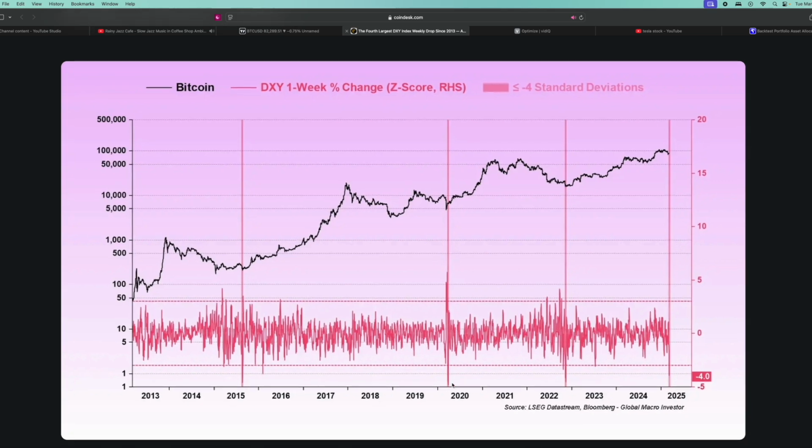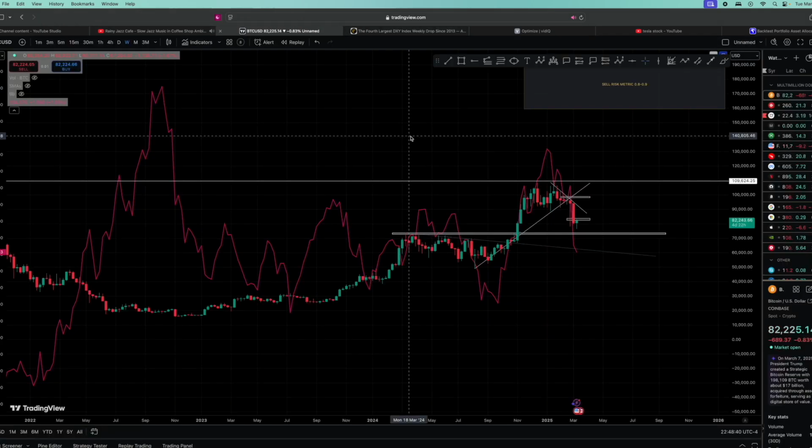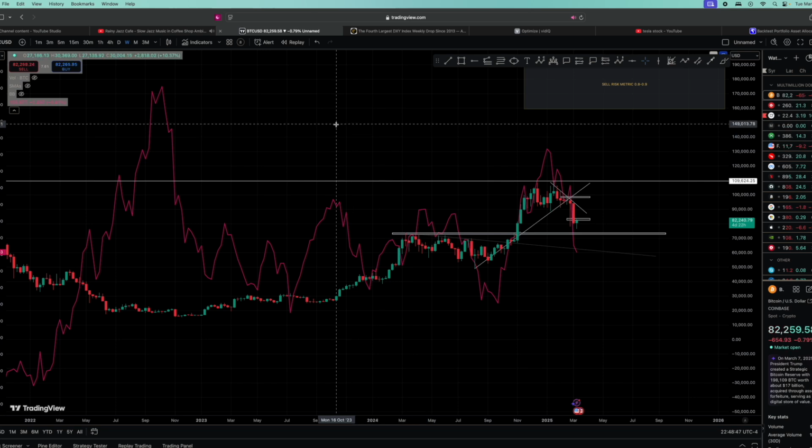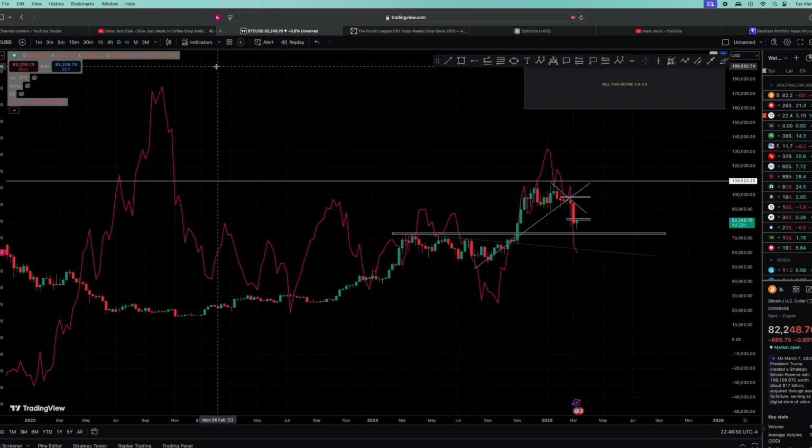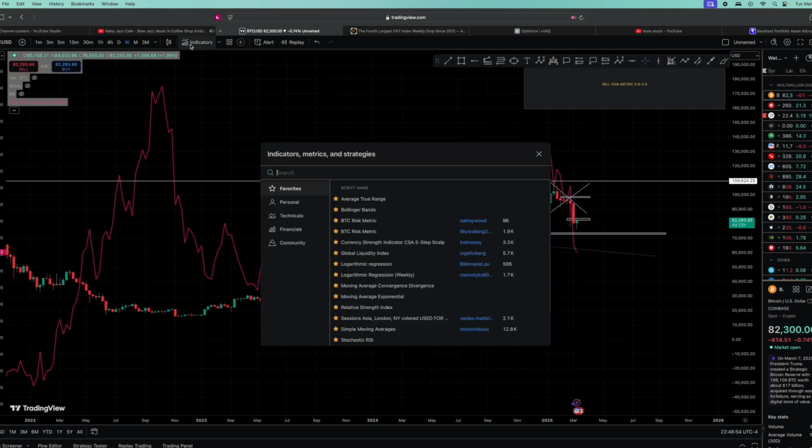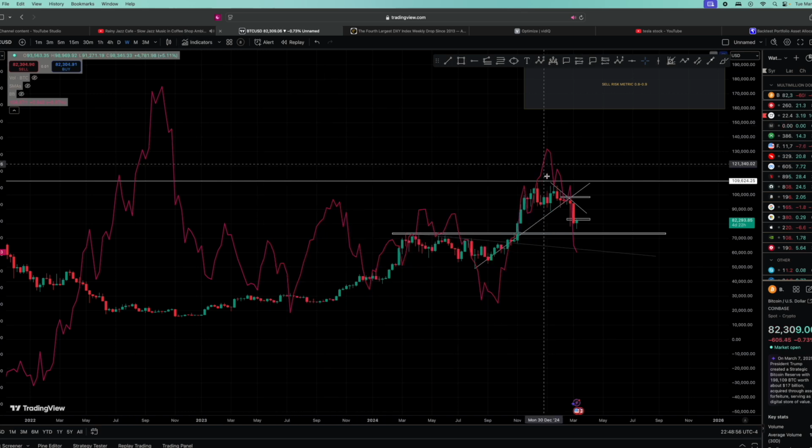Every time we've gone under -4, and we just did that this past week, which also lines up with the idea that any time the dollar goes down 2.5% or more, 100% of the time Bitcoin goes up. So those two line up together, which makes the argument a little bit stronger, but nothing's guaranteed, of course. So don't make any trading decisions based off of this, but it's something to take into consideration.